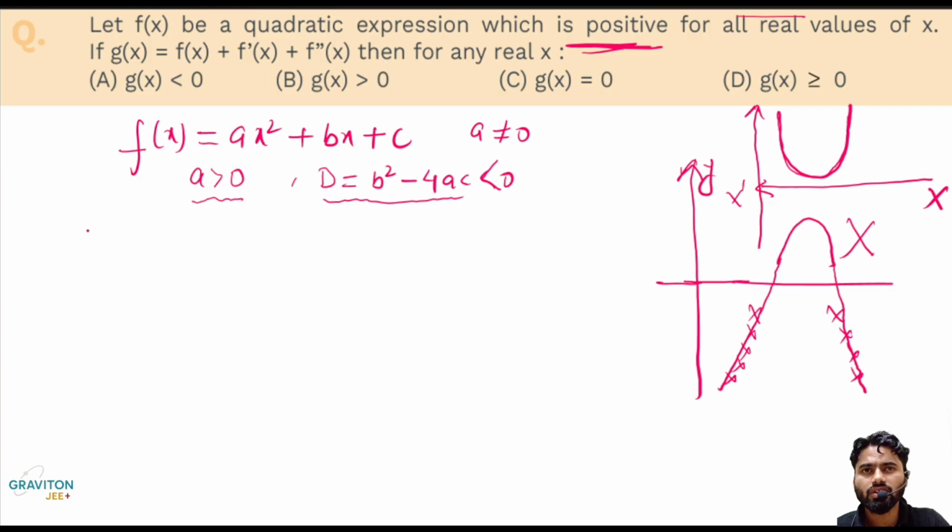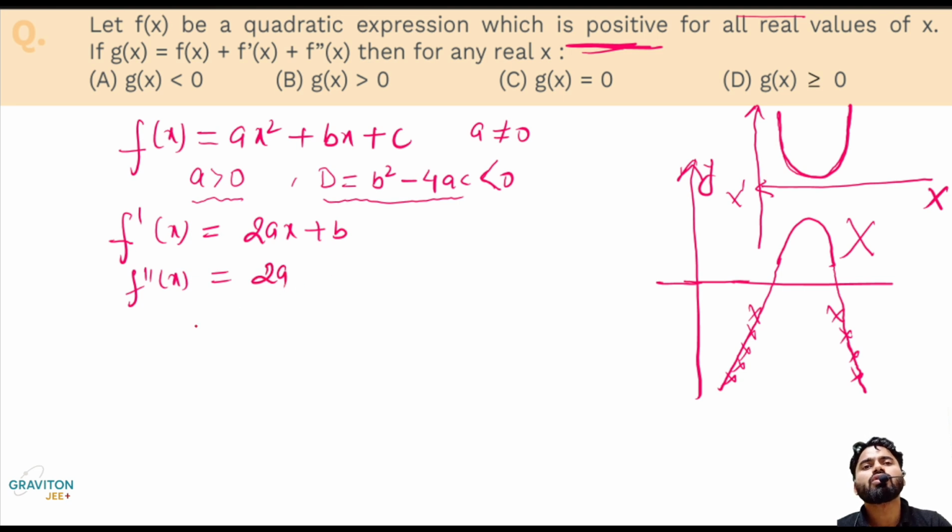So first we create the g(x) function. For that, what do we need? f dash x. So f dash x will equal to 2ax plus b, and f double dash x will be 2a. So your g(x) will be f(x) plus f dash x plus f double dash x.